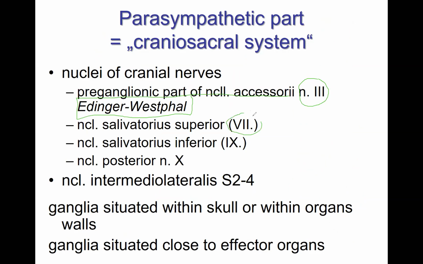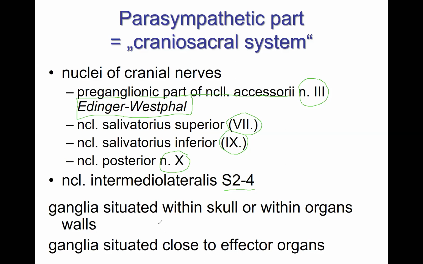Facial nerve, visceromotor nucleus superior salivatory, close to it the inferior salivatory for the glossopharyngeal nerve. So these 3 are for the head, and then the vagus and its posterior nucleus, which is for the thorax and abdomen, foregut and midgut. S2 to S4 is the same nucleus as for the sympathetic system at the level of C8 to L3, the intermediolateral nucleus within the lateral horn of the spinal cord.